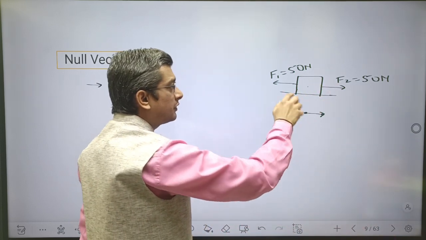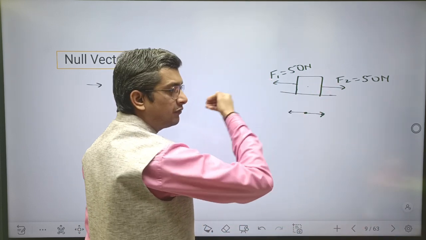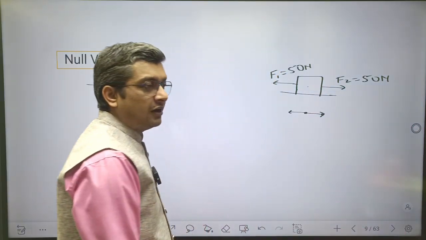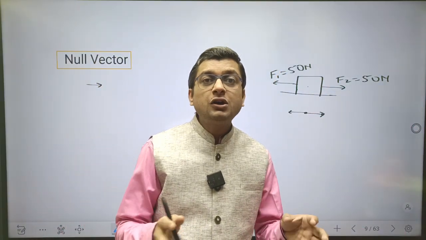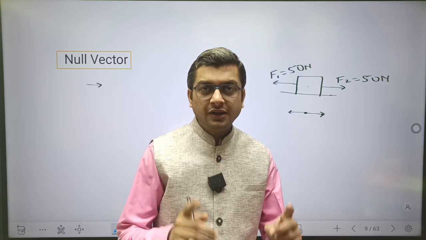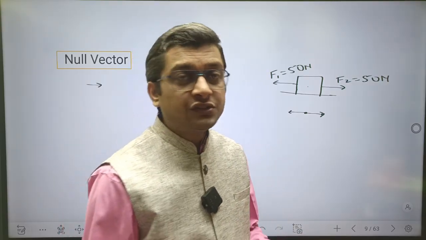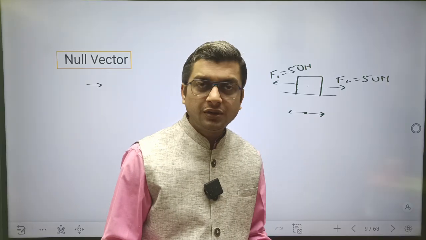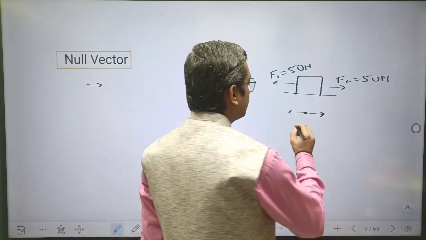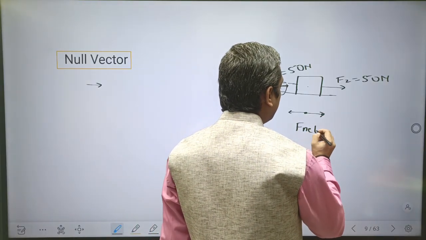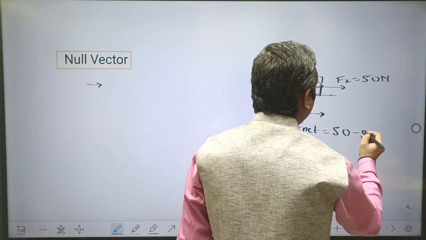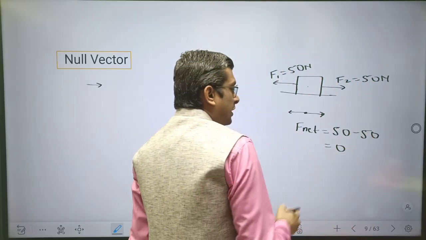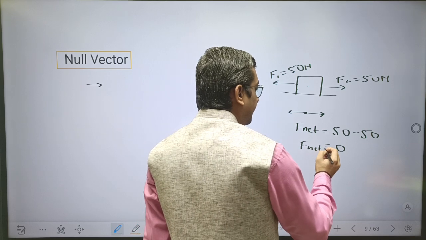But now F1 has the tendency to pull it left, F2 has the tendency to pull it right, and their tendencies are equal to each other, because both have magnitude 50 Newton. So the object will go nowhere. The net force acting on the object will be 50 minus 50, because these two forces oppose each other. So this will be 0. If I write its magnitude, it will be 0.